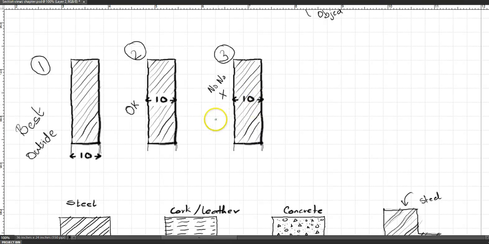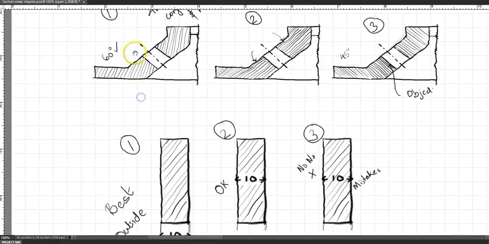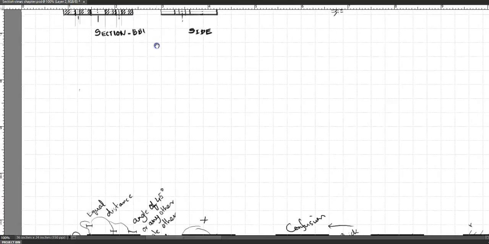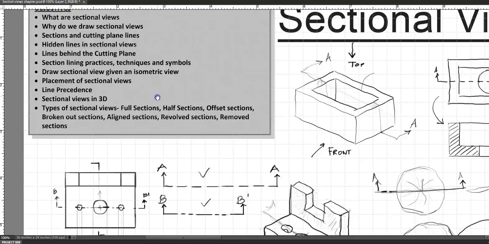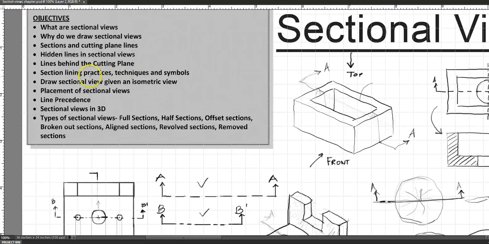So this will cause confusion and mistakes on the site and cost us money. Okay, so when it comes to hatch and dimension, again, you have to follow this standard so you don't make a mistake.